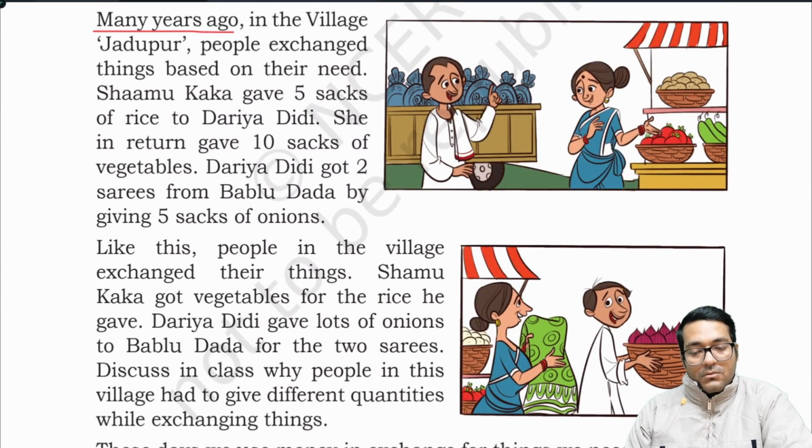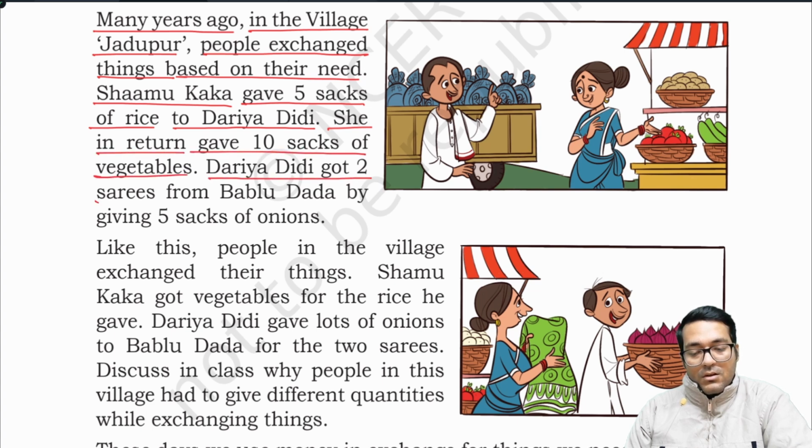Many years ago, in the village Jadupur, people exchanged things based on their need. Samu Kaka gave 5 sacks of rice to Darya Didi. She in return gave 10 sacks of vegetables. Darya Didi got 2 saris from Bablu Dada by giving 5 sacks of onions.